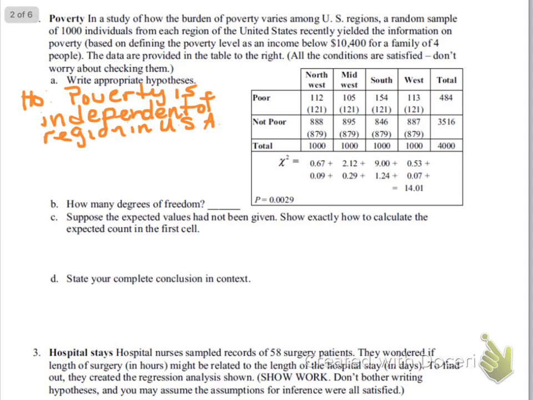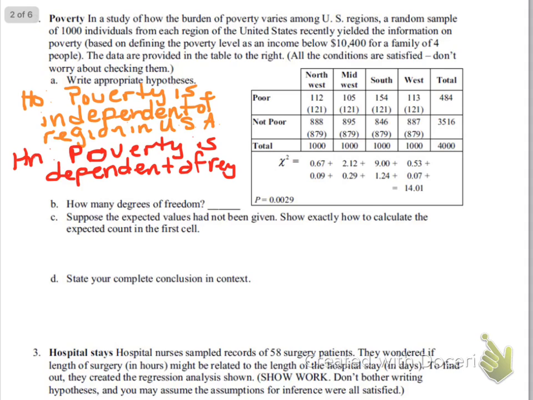Okay, I'm going to do the HA in another color just because we're crunched here. And it's the same words. I can't pronounce this word, sorry. Is dependent of region in the United States of America.